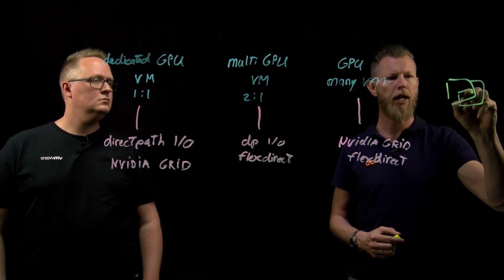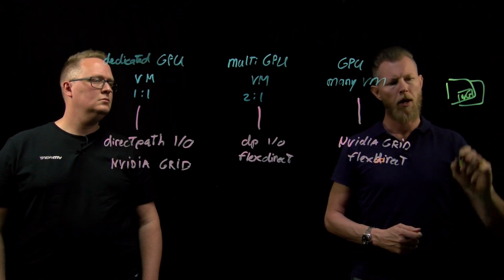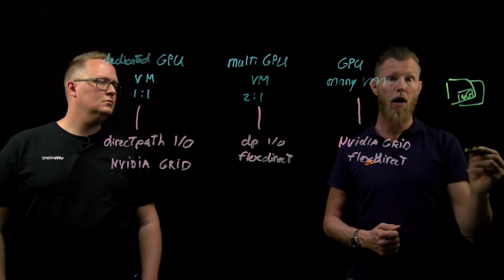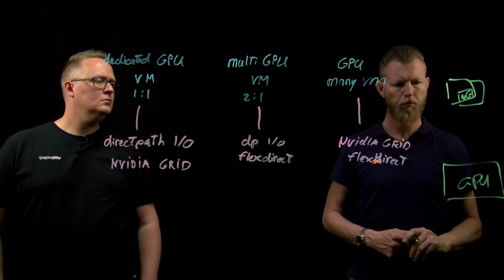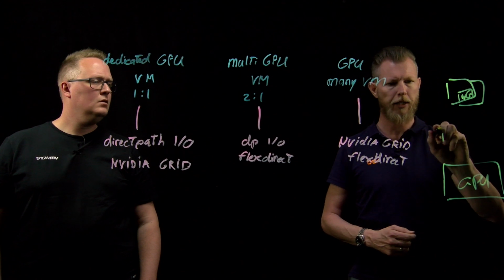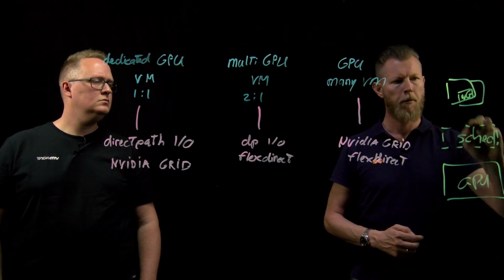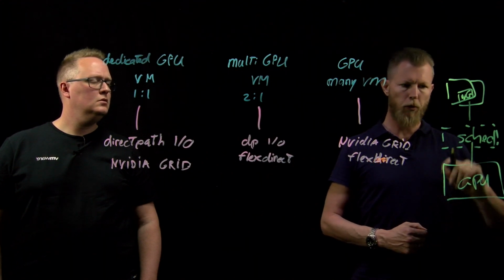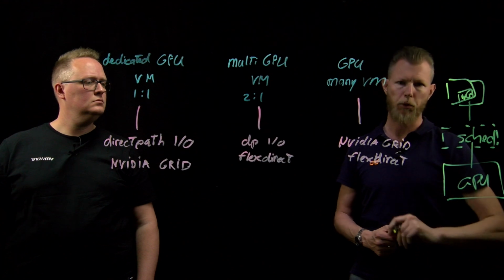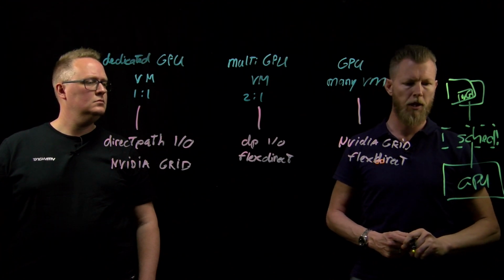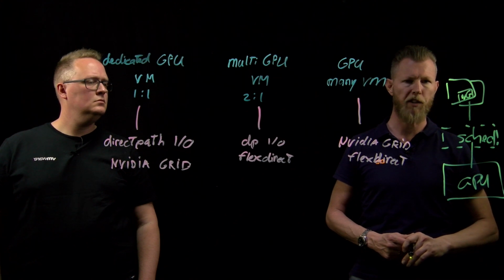The VM has a vGPU profile, and the vGPU profile is linked to the actual GPU. There is, like mentioned, a scheduler between it, and the scheduler will make sure that every resource required by the VM, or the vGPU in this case, is scheduled based on what the VM requires.